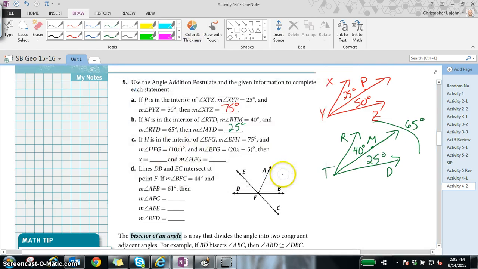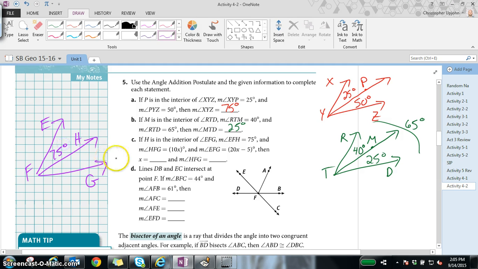So again, just like we did with segments, now we have something to solve for. We have angle E interior, EFH is 75 degrees, HFG is 10x, and the whole thing is 20x minus 5.